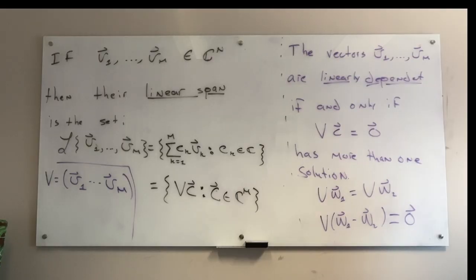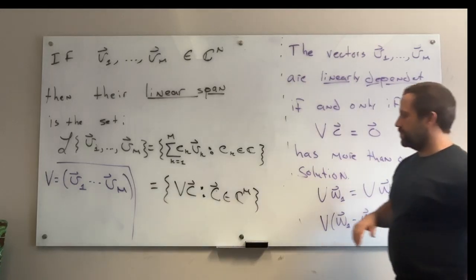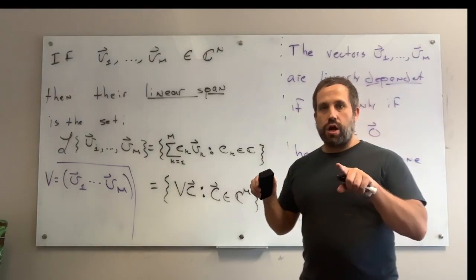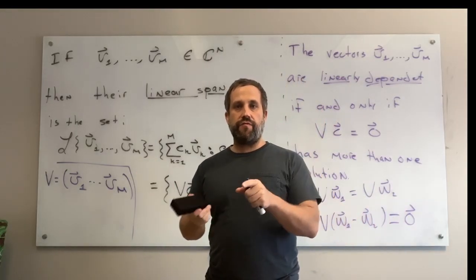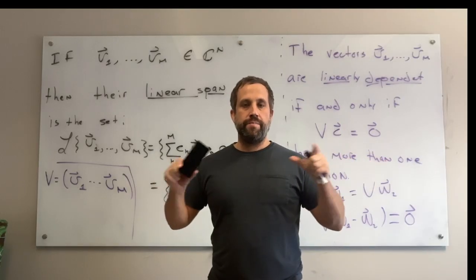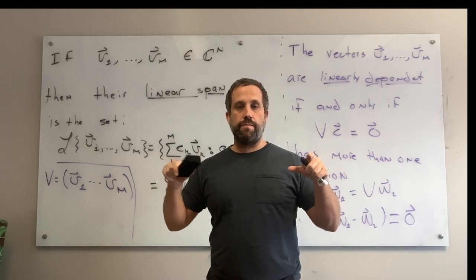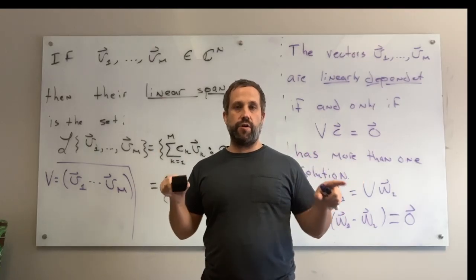Okay. Again, so the vectors v1 through vm are linearly dependent if and only if Vc equals 0 has more than one solution. So this is sort of, I asked a question before, given a vector set, can we find a smallest set of vectors such that every vector in that vector space is a linear combination of those vectors?